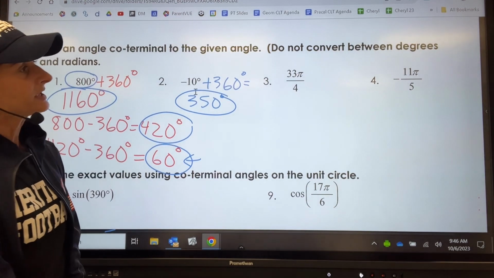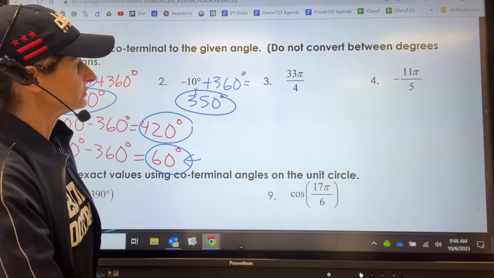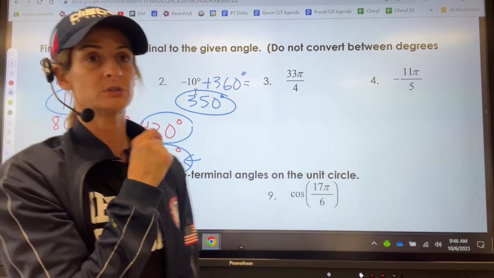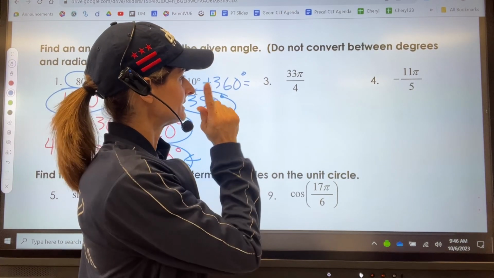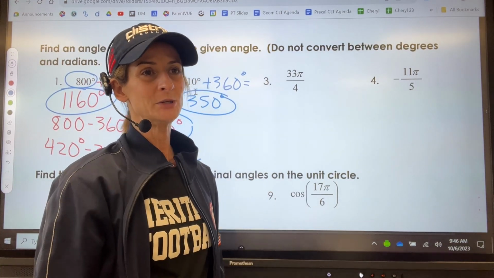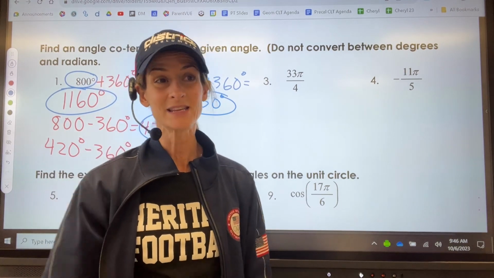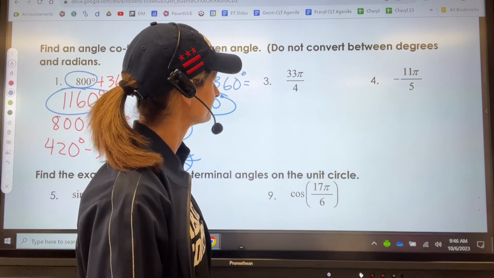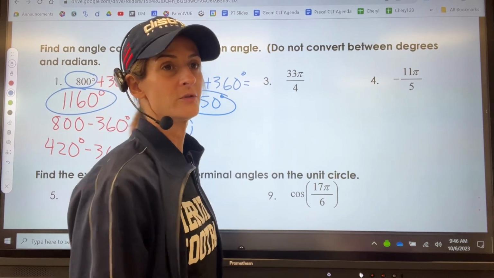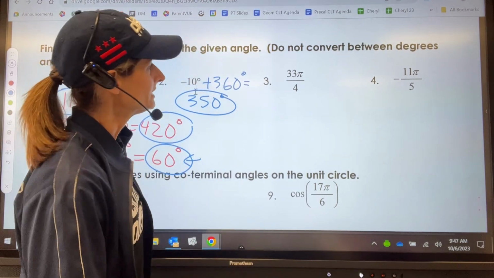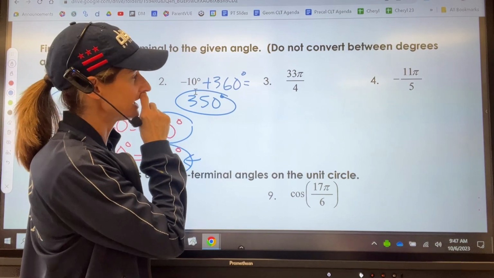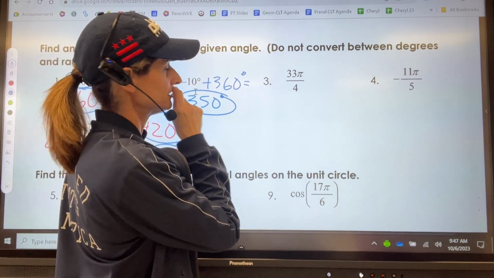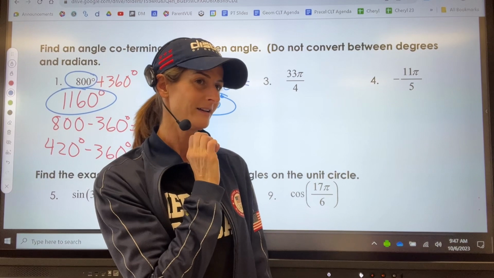Now, when you're working in radians, instead of adding 360 you're going to add 2 pi, with the same denominator. So we're going to have to add 2 pi in fourths or fifths or sixths or whatever our fraction is. For number 3 we're working in fourths. If I have to add 2 pi in fourths, how many fourths is that?